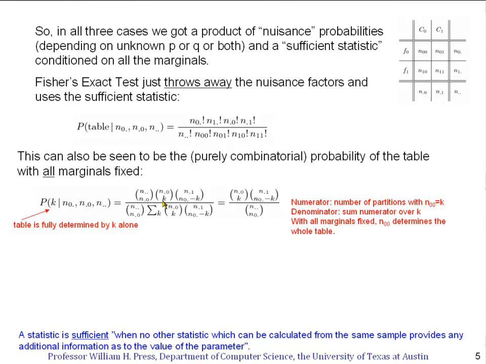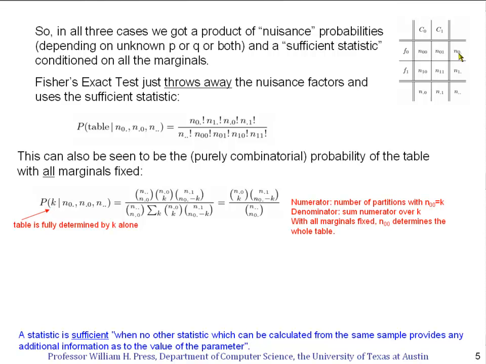Well, that's n.0 choose k. What remains is just to figure out how many ways. We know now how many events are in this column because it's the marginal determined from the total in this one. So the only remaining question is, in this marginal, in this column, how many do we put into this cell? And that's n.1 choose n0 dot minus k.